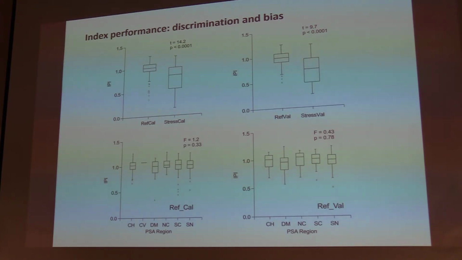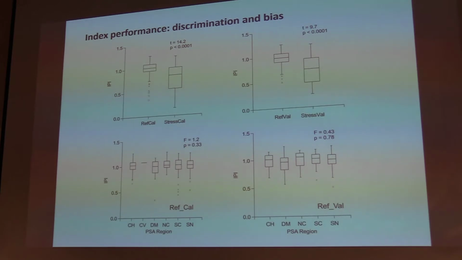The index discriminated well between reference and stressed sites, not only in calibration data, which is in the plots at the upper left, but also in validation data, which are in the plots at the upper right. The index didn't show bias among PSA regions, so it had statistically the same mean score at reference sites among all of the ecoregions in the state.